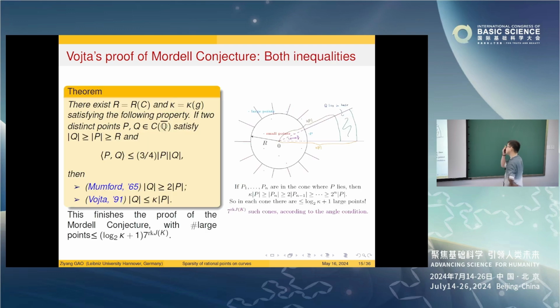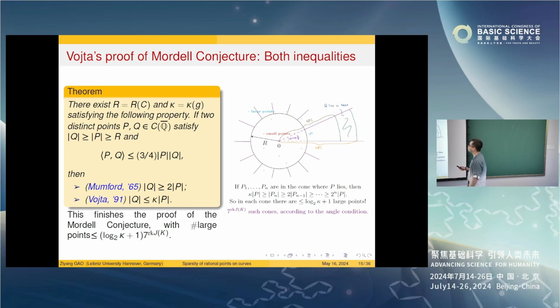And here is the meaning. Let's look at the picture over here. I merge Mumford's inequality and Vojta's inequality in the same theorem, and everything is contained in this picture. It says that we can divide all these lattice points into two parts.